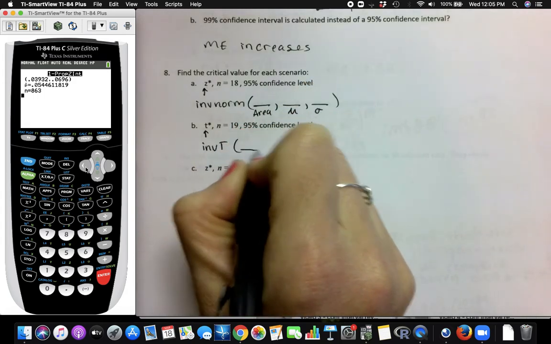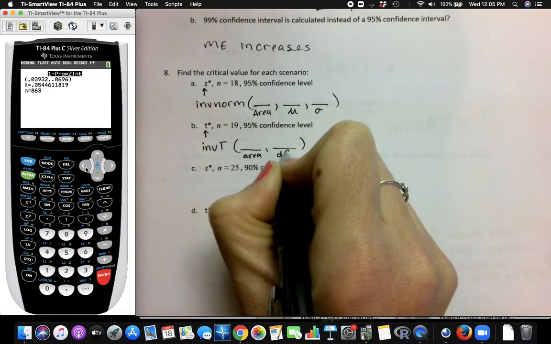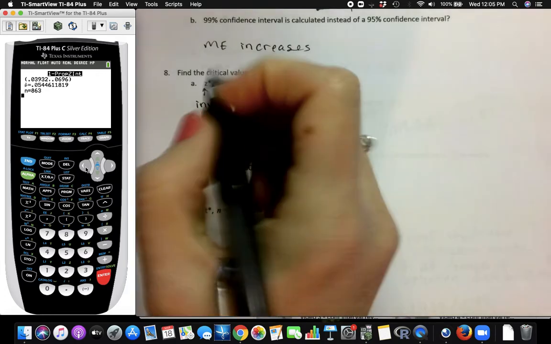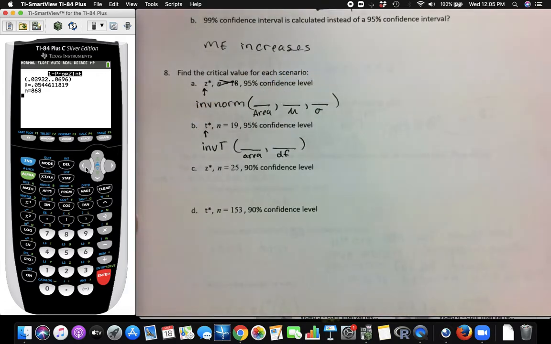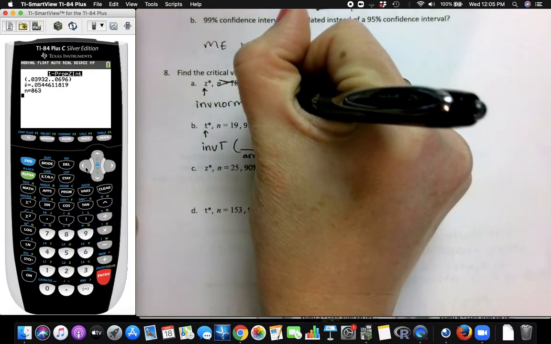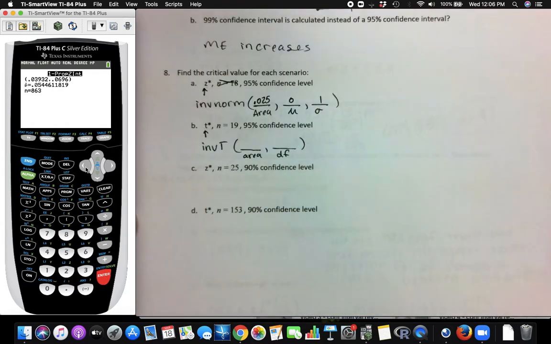For inverse t, you only need two things: an area and degrees of freedom. So even though on question A, I gave you a sample size, you actually don't need that to find your critical value. If it's 95%, you have 5% left over divided by 2. So that's 2.5% in each tail. And we use 0 and 1.